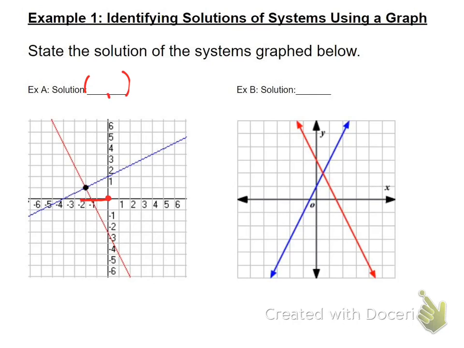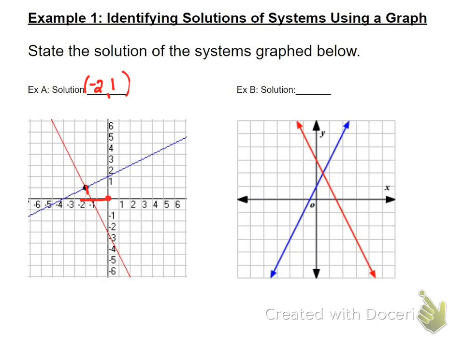So my x value is -2. So then what's my y value going to be? 1. So the ordered pair, or the solution for the system graphed below, is just -2, 1.